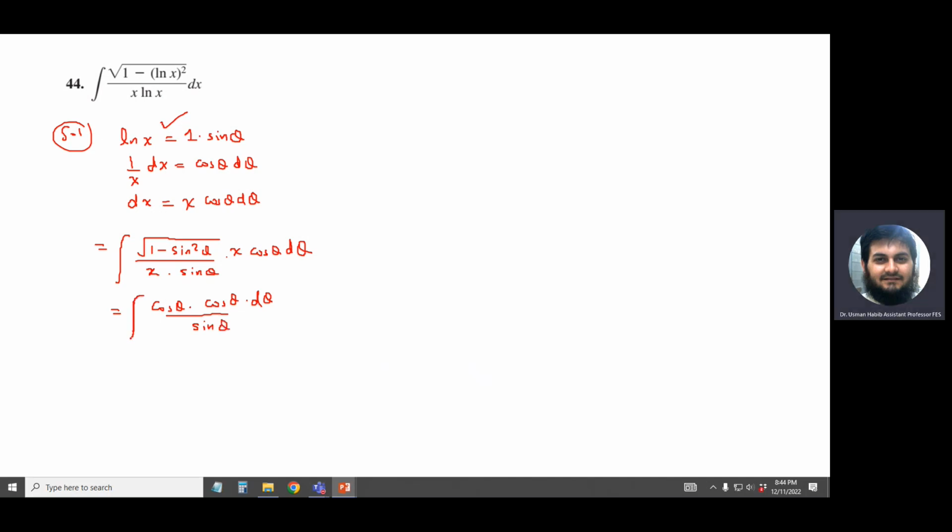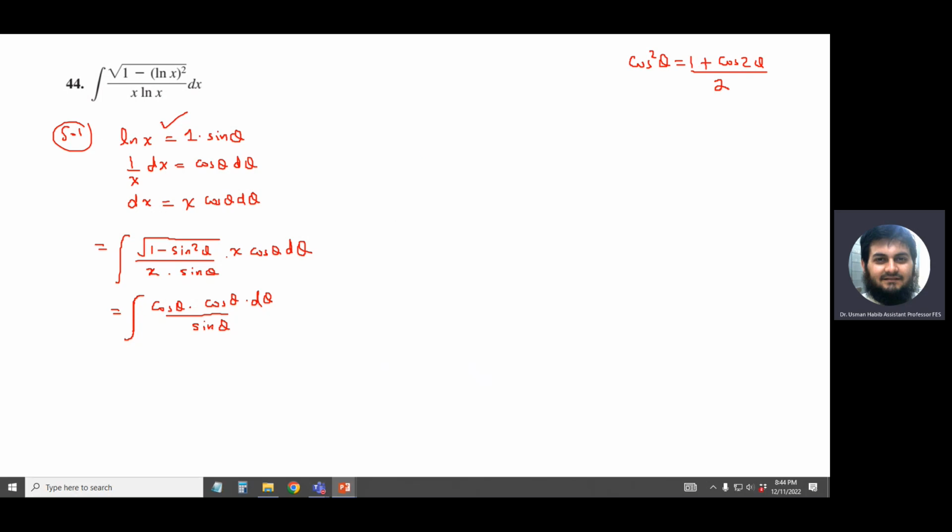For the cases in which we only have cos square theta d theta with nothing in the denominator, you can use the double angle identity: cos square theta equals 1 plus cos of 2 theta divided by 2. And the integration of this one is very simple. The integral of 1 would be just theta, and for cos 2 theta, it will be sine of 2 theta divided by 2.